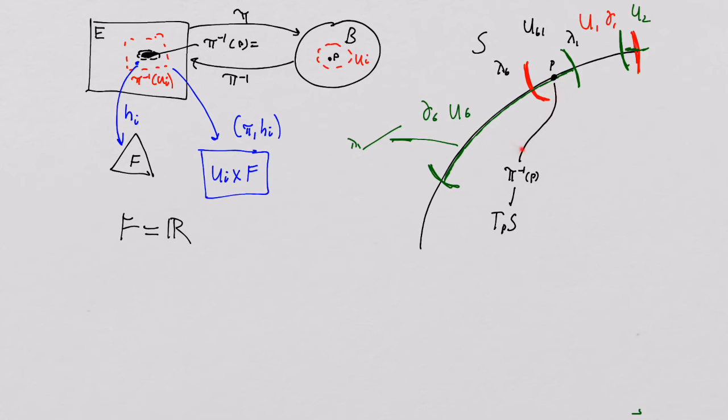So if P comes out of here through the gamma 6, it gets projected to the tangent space, and that tangent space is going to have a basis del lambda 6. But likewise, it could come out with the same inverse mapping, and it's still the tangent space at S, but it ends up with del lambda 1.